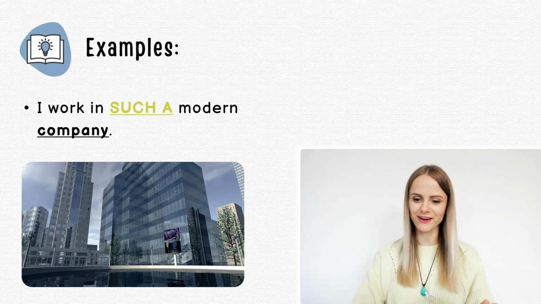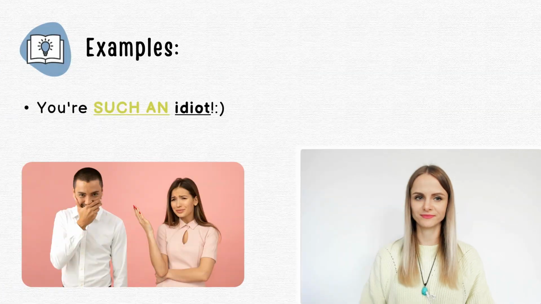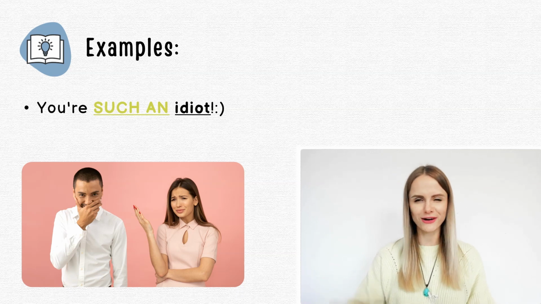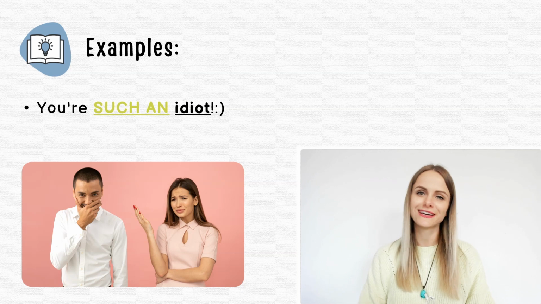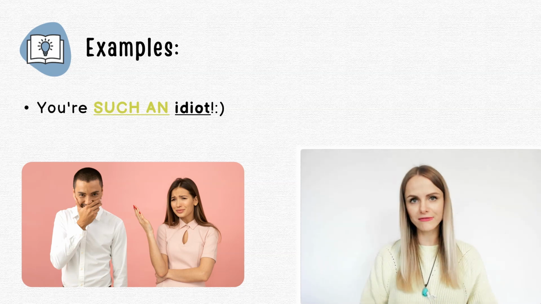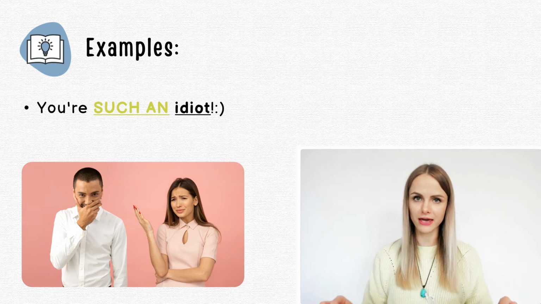Okay, another example: you're such an idiot. Apologies for using this informal language, but I suppose it's very practical. You might hear it very often in series or movies, so I suppose it will get stuck in your mind easily. You're such an idiot. There is no adjective here, only a noun, idiot.